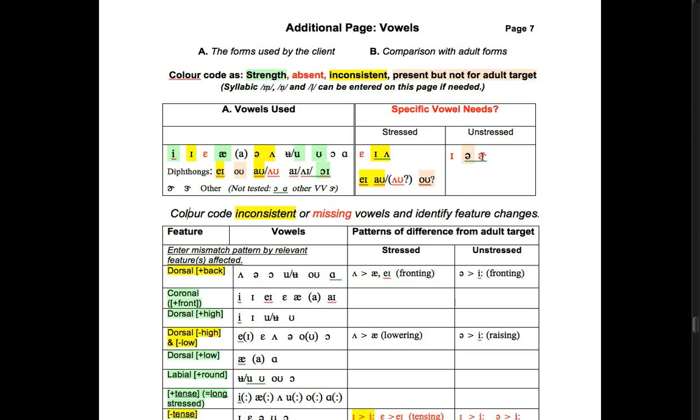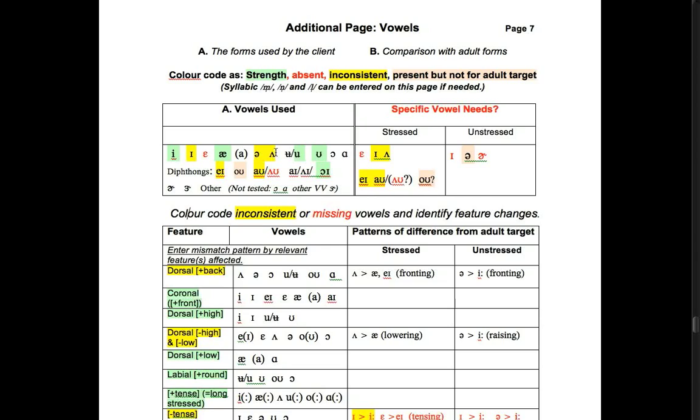That's right, and you can highlight these again in the left column, but that is optional. Great, the last step for this part is to find all the vowels that are inconsistent or present but not for adult target. O is an example of present but not for adult target. Craig produces that instead of syllabic L in tamo.